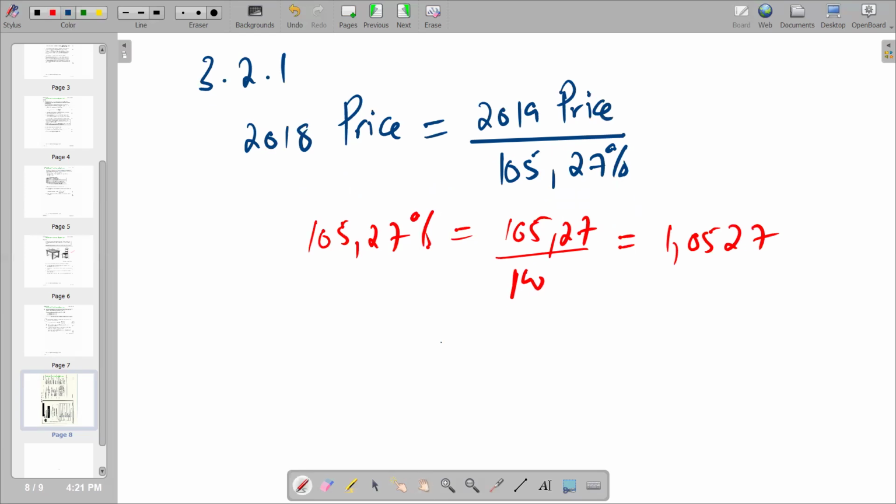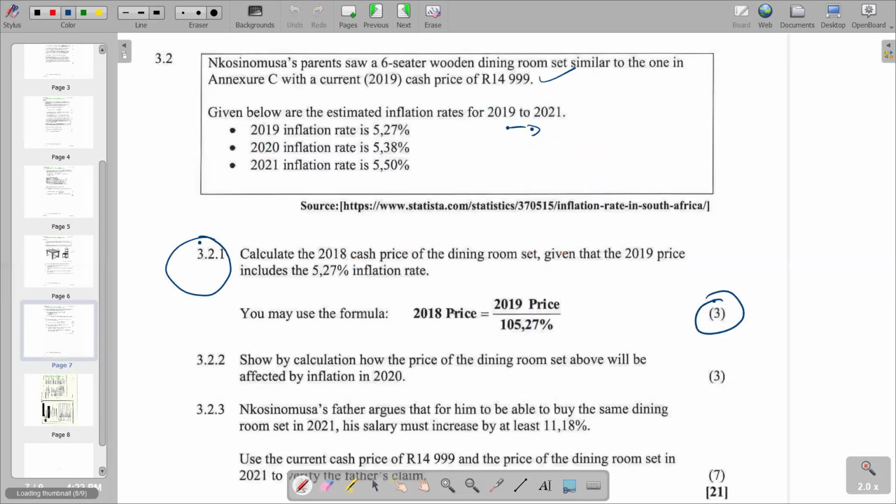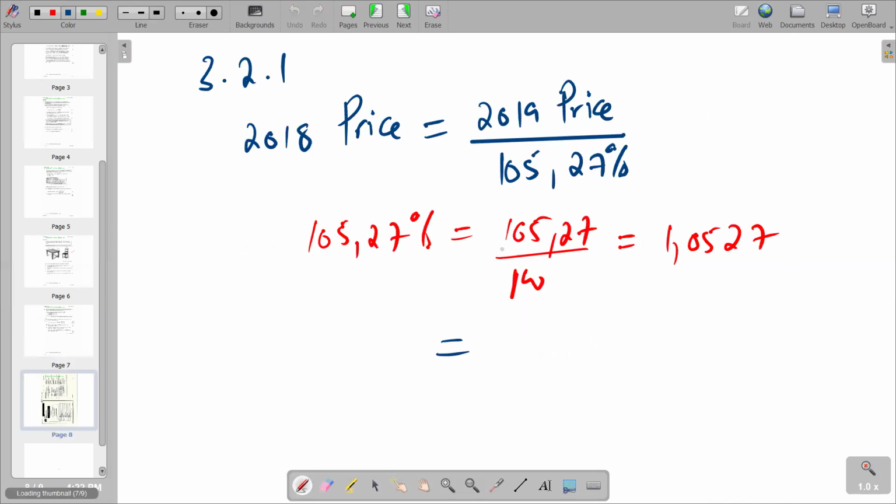This is going to be the factor that we use as our denominator. So we say 2019 price that we are given, 14,999, and then we divide by 1.0527.